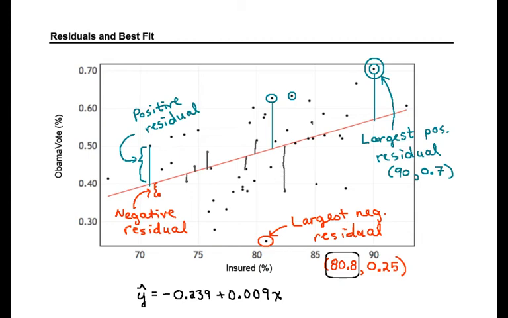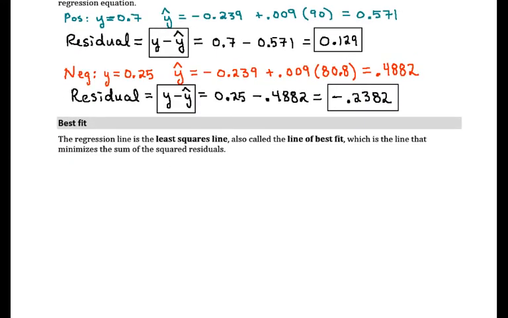So we calculate residuals for each point, and each one of those residuals gets squared, and we take the sum of the squares of the residuals. For example, our 0.129 would get squared, our negative 0.2382 would get squared, etc. We would have a term for each point.